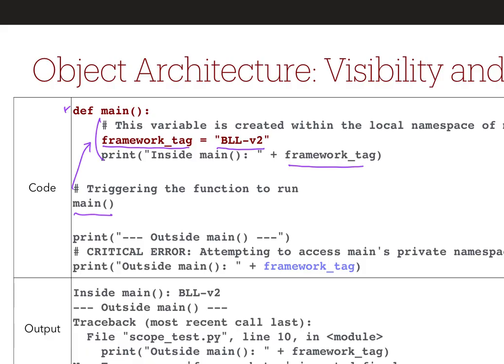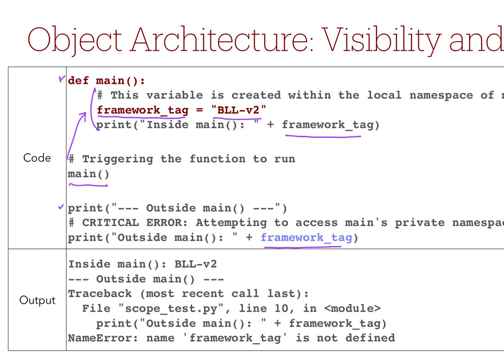So these two statements are fine. There is no problem with this. After I call the main function, I can call the print function. That is fine. If I try to access the variable outside the main function, I have a problem. At that point, Python will give you an error message.